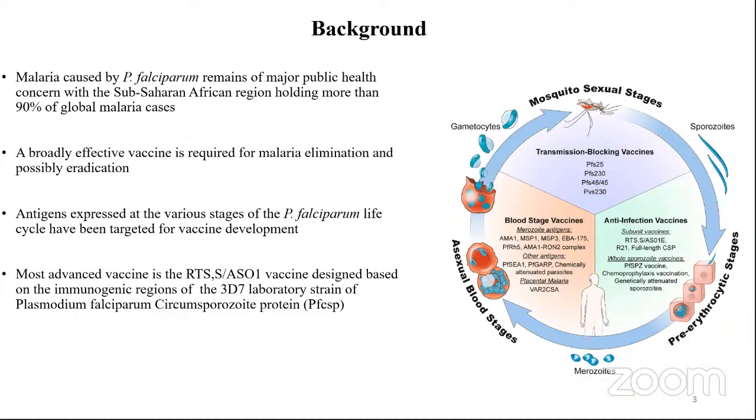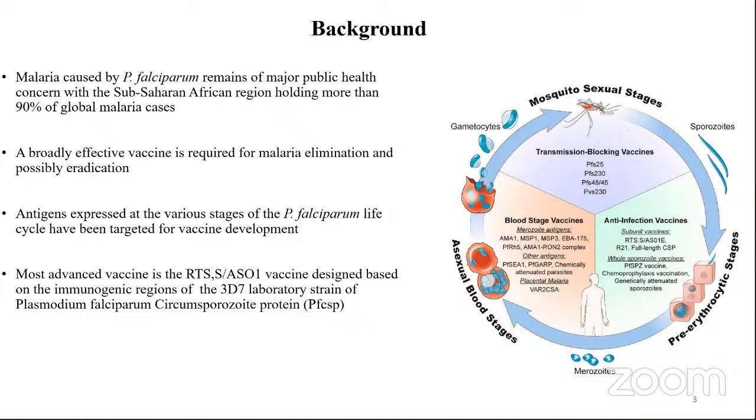But these efforts are being hindered by drug resistance and insecticide resistance. Therefore, it is about time we get a vaccine, but we need a broadly effective vaccine against the various diverse P. falciparum malaria strains we have in our population.